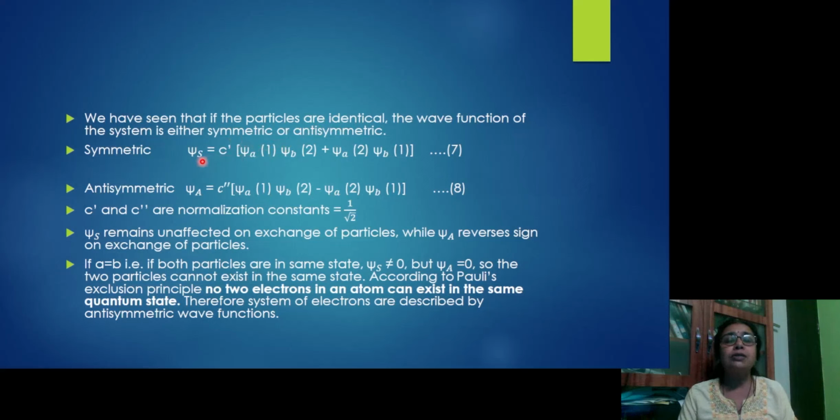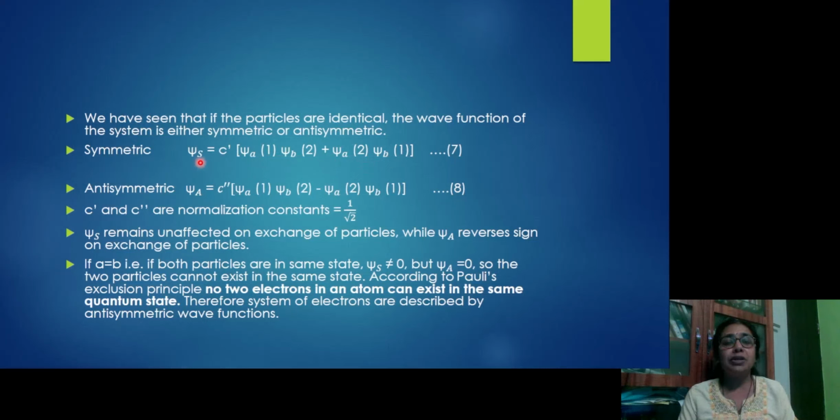First, let us consider a linear combination which is a symmetric function. Let us denote it by psi s. This is a linear combination of the first description, psi 1, plus the second description, psi 2, multiplied by a constant c dash.